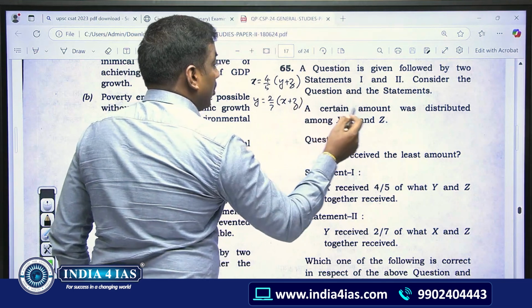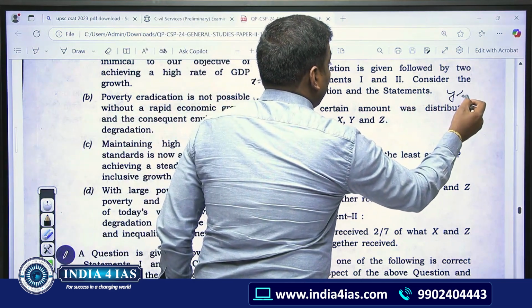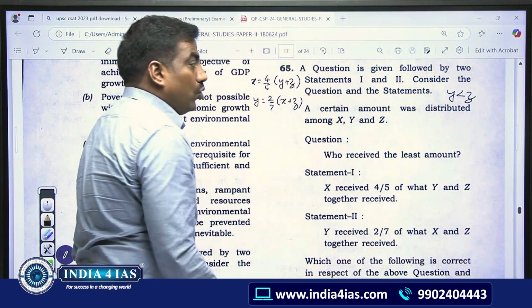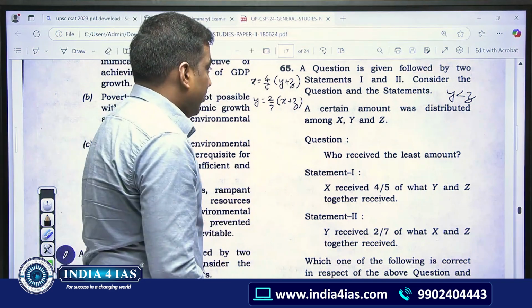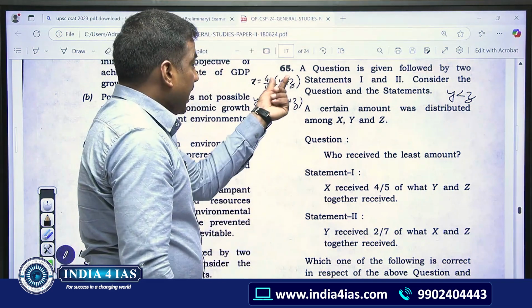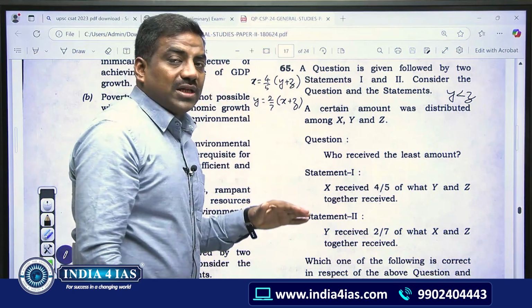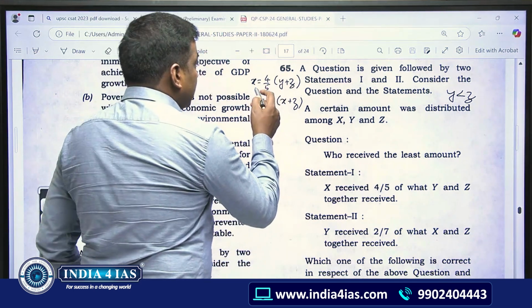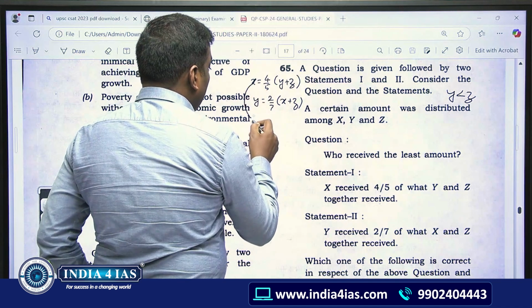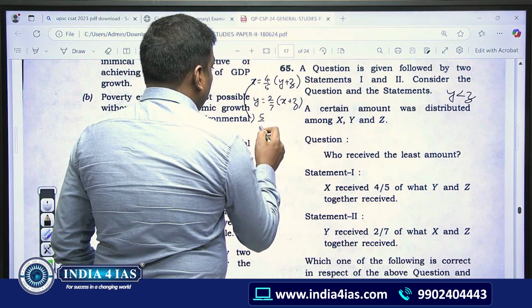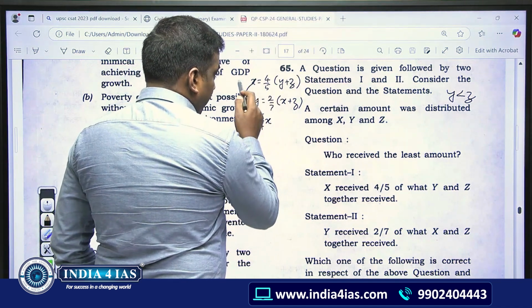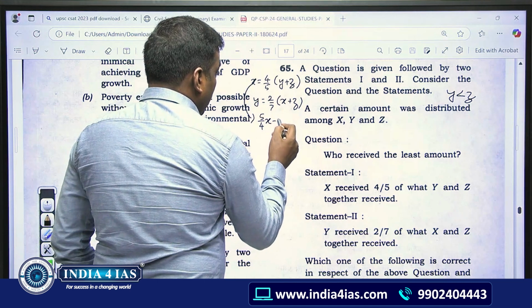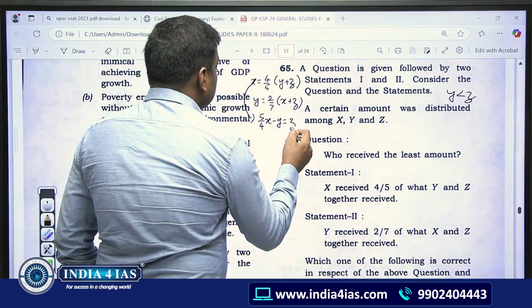Now I have got the result that y is less than z. Now I want to compare between x and y. For that you have to have z on one side, and on the other side x and y will be there. You can compare x and y then. So in this case, 5 by 4 x, if I bring this side, minus y is equal to z.